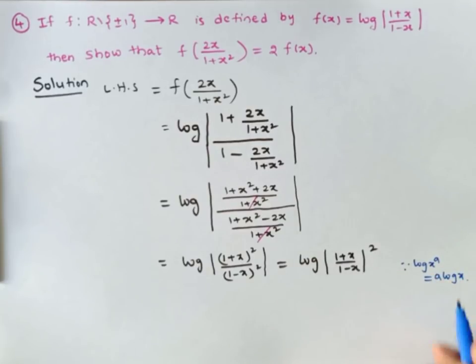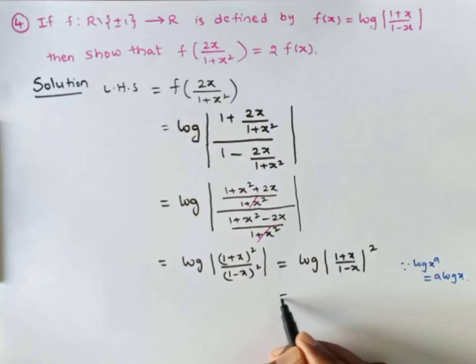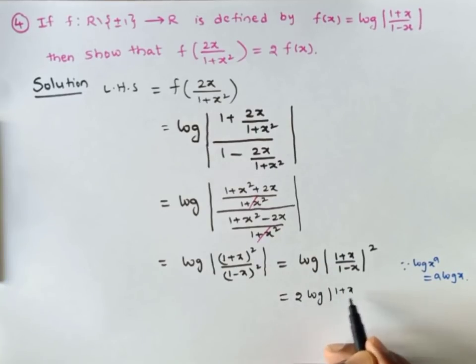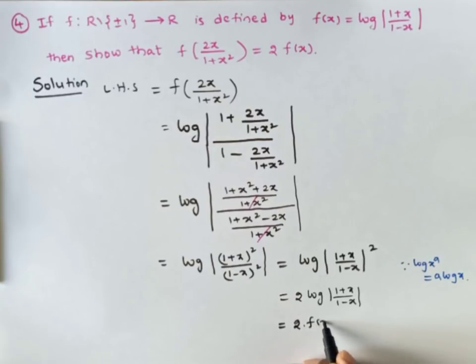So we can express this as 2 into log of 1 plus x divided by 1 minus x. Now you can observe that log of 1 plus x by 1 minus x indicates f of x. So this is 2 into f of x. So this is our right hand side part of the given problem. Therefore LHS is equal to RHS.